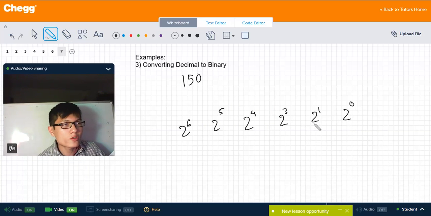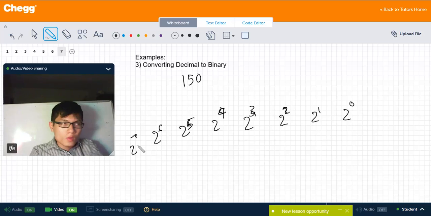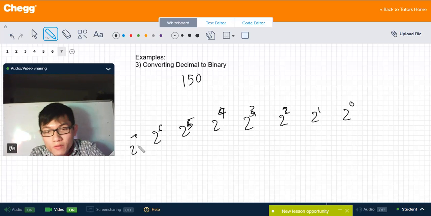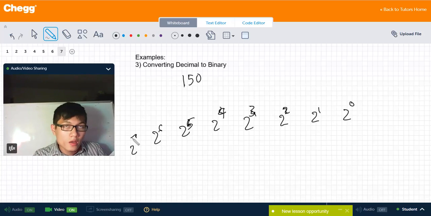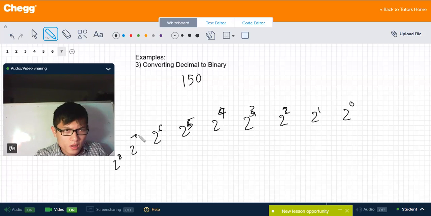So 2 to the 0, 1, 2. Oh, we are missing 1. So 1, 2, 3, 4, 5, 6, 7. And then let's see. 2 to the 7 is 128. How about 2 to the 8? 2 to the 8 is 256, and 256 is bigger than 150, so we don't take this value.